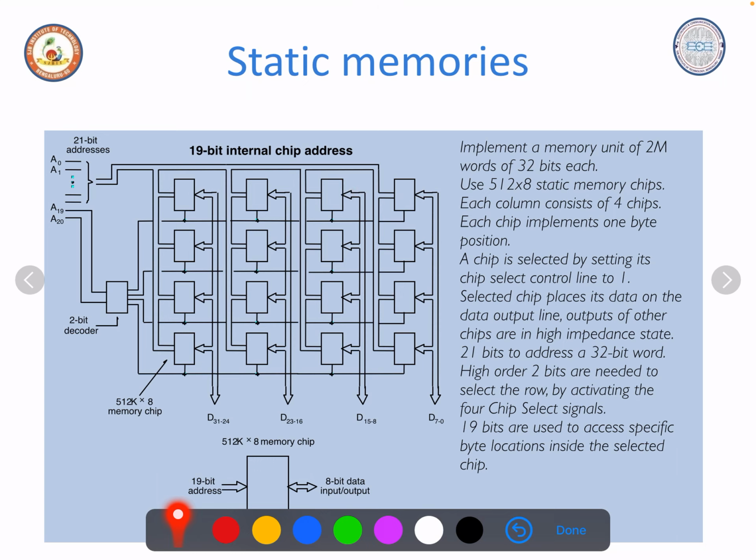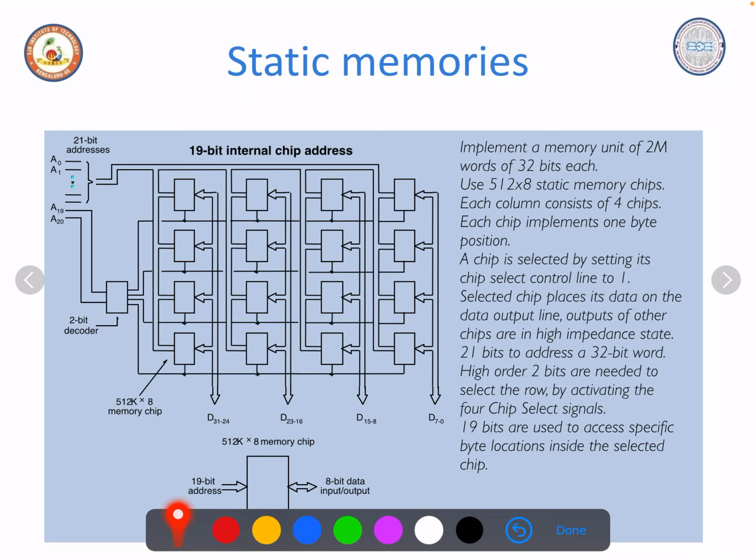Here you can observe D0 to D7 is the first byte, then second byte, third byte and fourth byte. 4 bytes make 32 bits. Coming to this 2 mega, which they can address using this 512K, again they are arranging it as a 4 by 4.